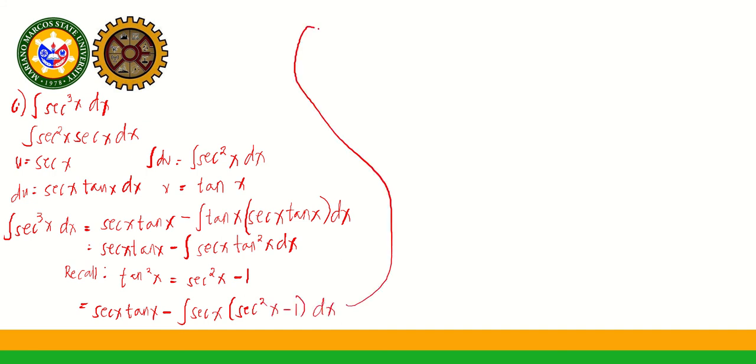So if we try to simplify this one, the integral of secant cube x dx is equal to secant x tan x, yan, minus the integral of secant cube x dx plus the integral of secant x dx.